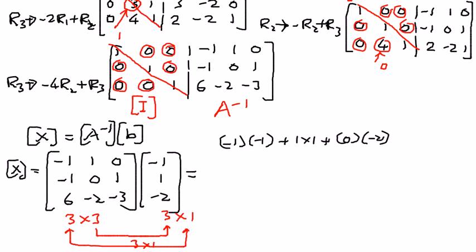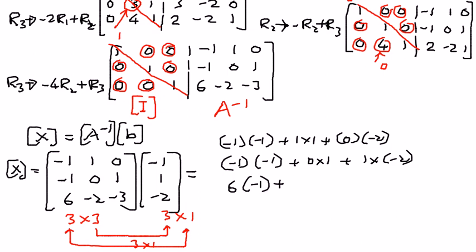That is the first row, first column. Then we have -1 times -1 plus 0 times 1 plus 1 times -2. That is the second row, first column. And then we have 6 times -1 plus -2 times 1 plus -3 times -2.